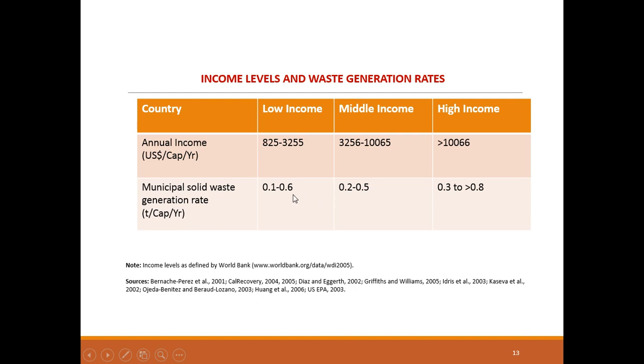If you compare low income, 0.1 to 0.6 tons per capita per year, to high income, there is a significant difference. For high income, we have 0.3 to greater than 0.8. So that is a big difference between the two. Okay, so again, this emphasizes there is a relationship between affluence and waste generation rates.